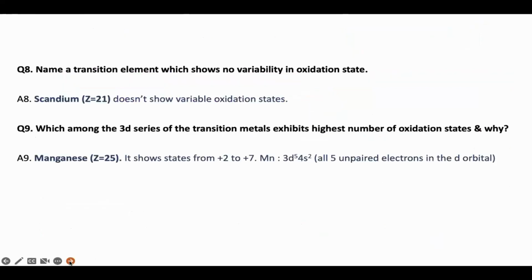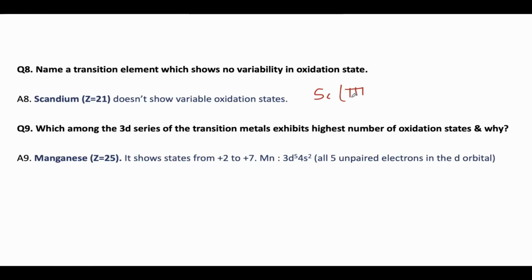Now the last two questions here are very important for exam purposes. That's why they are the informative ones. The first one is: name a transition element which shows no variability in the oxidation state, which is scandium. Scandium shows only one oxidation state, which is +3.